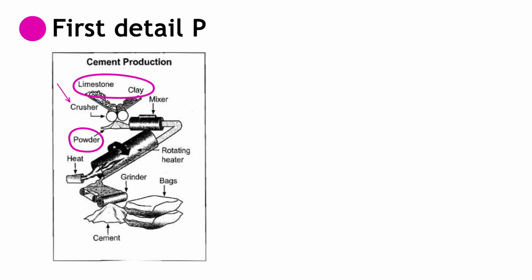And then they pass through this mixer, which is a kind of rotating cylinder. After that, there is a grinder. And after that, it is heated, and then they're turned into cement, and they're bagged for shipment or for use. So let's just start step by step writing this process.